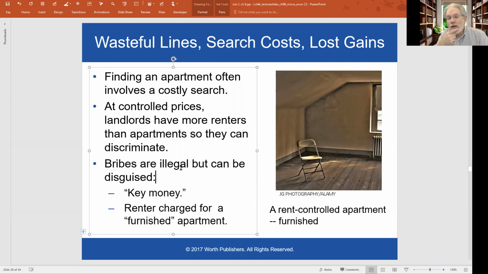But another way to compete would be to offer the landlord a bribe and say, if you rent to me rather than somebody else, as soon as you have a vacancy, you let me know, okay? I'll pay you $100. I'll pay you $200. I'll give you a bribe so that you give it to me rather than to somebody else.